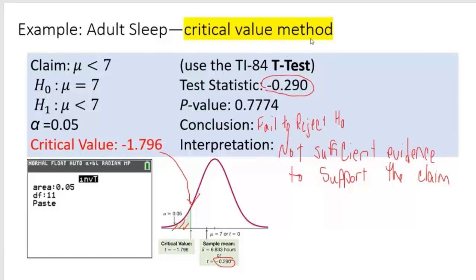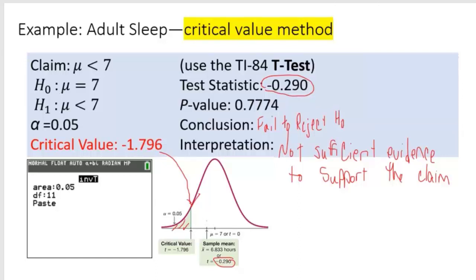When you're using the critical value method, you have to use an inverse to get a critical value, which is your cutoff line. And then if your test statistic falls in the critical region that gets cut off, reject the null. If it does not fall in the critical region, like ours, which was somewhere in this area, since it's not in the critical region, we fail to reject.